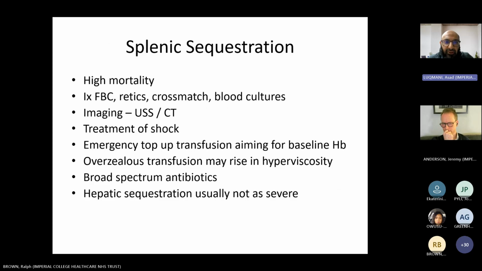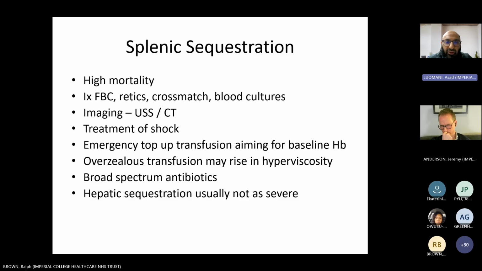Just a few words about splenic sequestration. So again, this can have a high mortality and results in acute drop in hemoglobin due to pooling of large volumes of blood, usually in the spleen, sometimes in the liver. Often it occurs in patients who have a milder sickle cell phenotype, who retain splenic tissue, and the patients can present very unwell with hypovolemic shock due to a rapid reduction in intravascular blood volume.